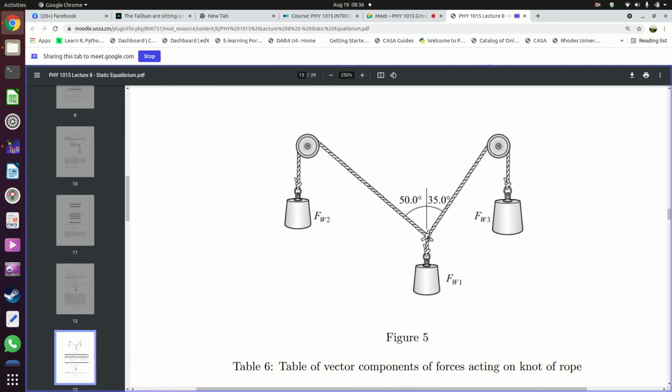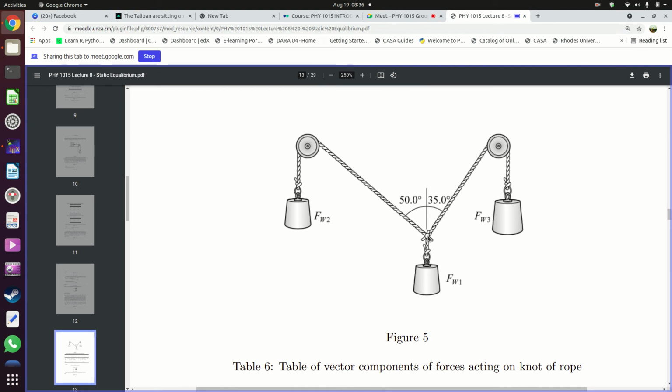So remember, you always need to identify which part is not supposed to move, or is supposed to be in equilibrium. The part which is supposed to be in equilibrium in this case is this knot where these ropes are meeting. Are we clear?